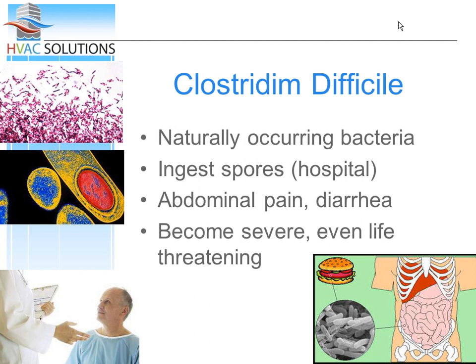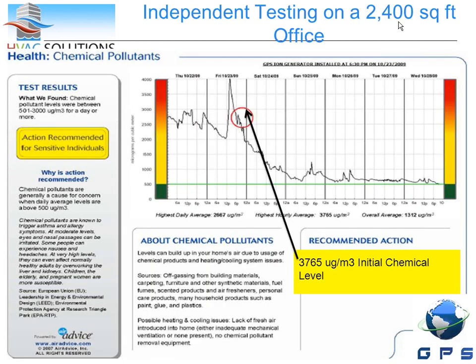You're going to see dehydration. You could easily be in the hospital for weeks, if not longer than that. And it's so nasty that if you're able to survive being sick for that long, it becomes life-threatening, to where people could actually die. So this is one to watch out for. I'm calling it kind of a super bug. That C. diff is bad news, and GPS does a great job at getting rid of C. diff.